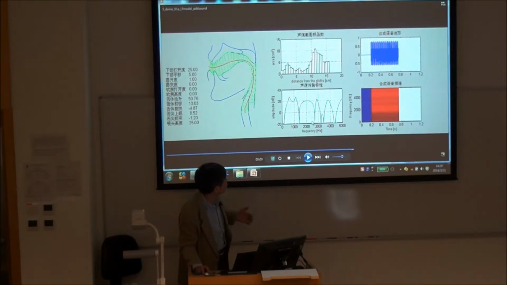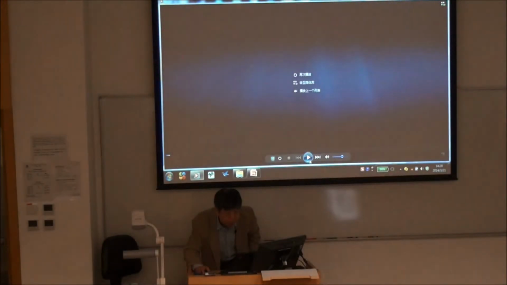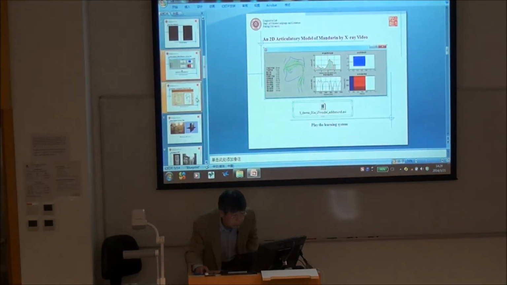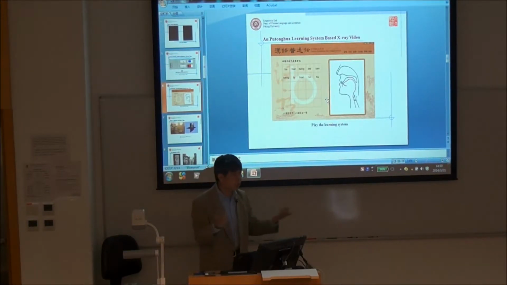This is the spectrum calculated from the area of the vocal tract. And using this spectrum, we can synthesize the speech sound here. This is the spectrogram. You see it? It depends on the large database.